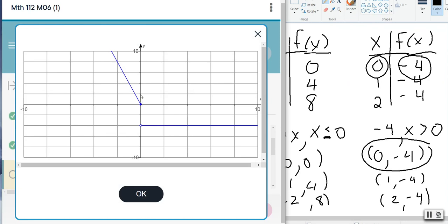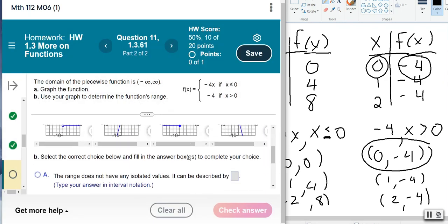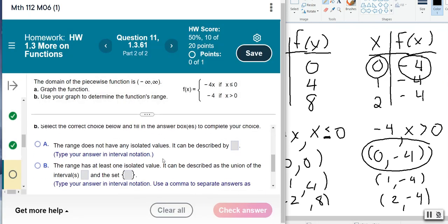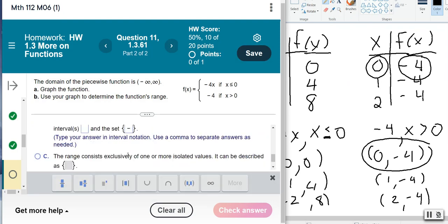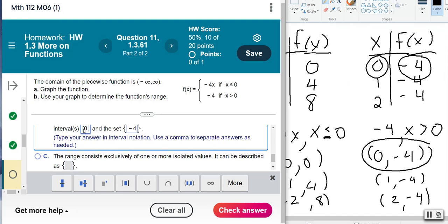So 0 going up, 0 to infinity, and then negative 4. So my range does have an isolated value and an interval. The isolated value was the negative 4, and the interval was from 0 to infinity.